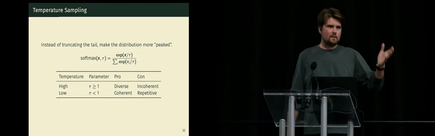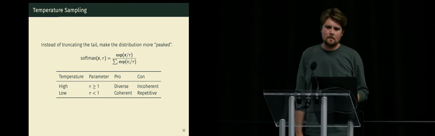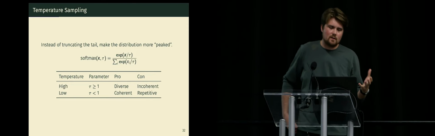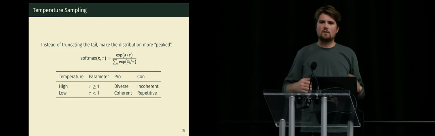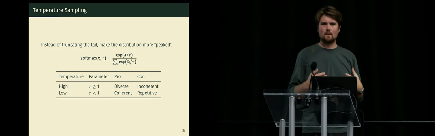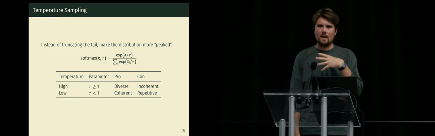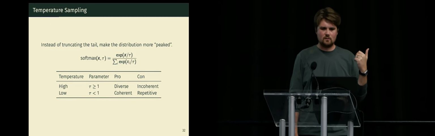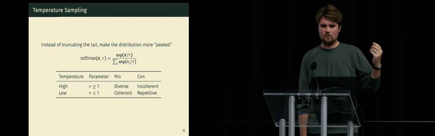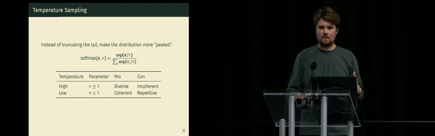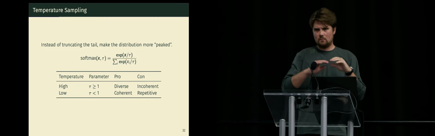Okay, so an alternative to truncation sampling, which is also very popular, is called temperature sampling. What temperature does is, instead of truncating the distribution, it just adjusts how peaky the distribution is. You do this by adding a coefficient to the logits, and after you take the softmax, if you have a high temperature, it makes the distribution more uniform.